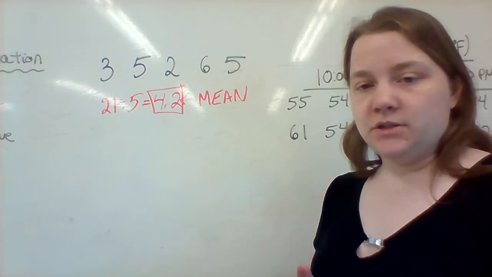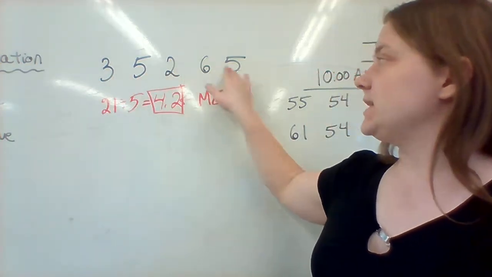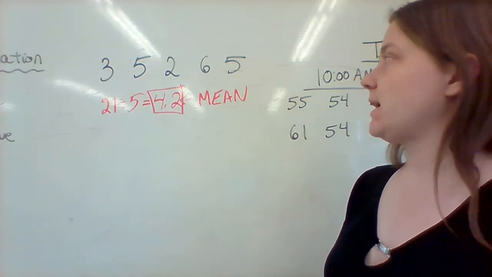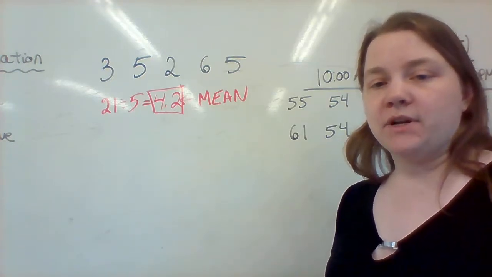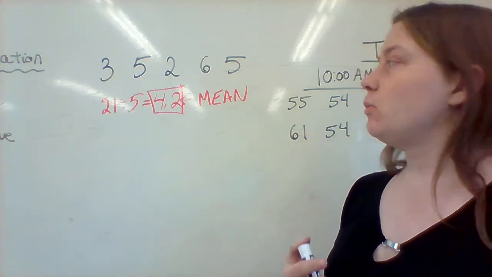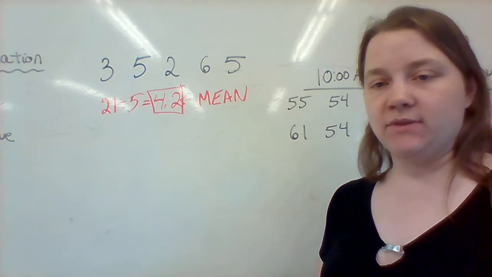Now I want to take a look at each one of these numbers, the 3, the 5, the 2, the 6, the 5, and figure out how far away from 4.2 each one is.